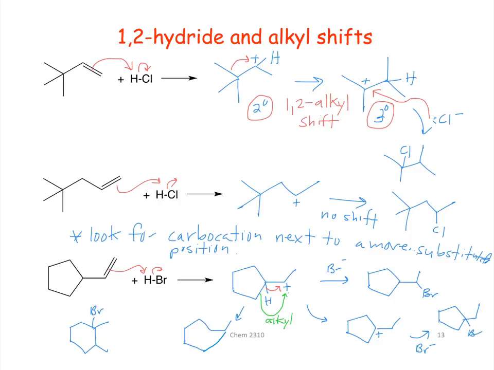Okay, and it's going to leave behind a plus. Okay, it looks like I added something extra in here. Let's check it out. Okay, that's going to leave, where's the plus going to be? So the plus was over here. This bond moved over there, moved away from there, so the plus would be right there.